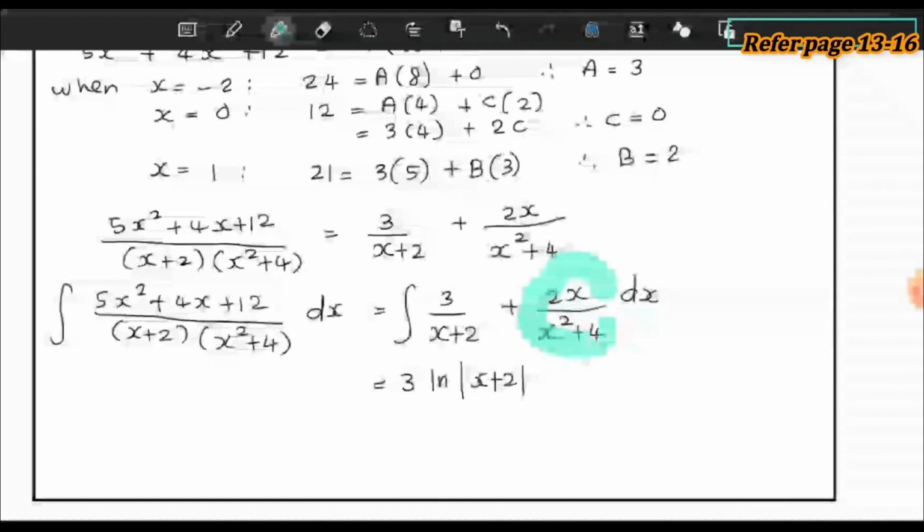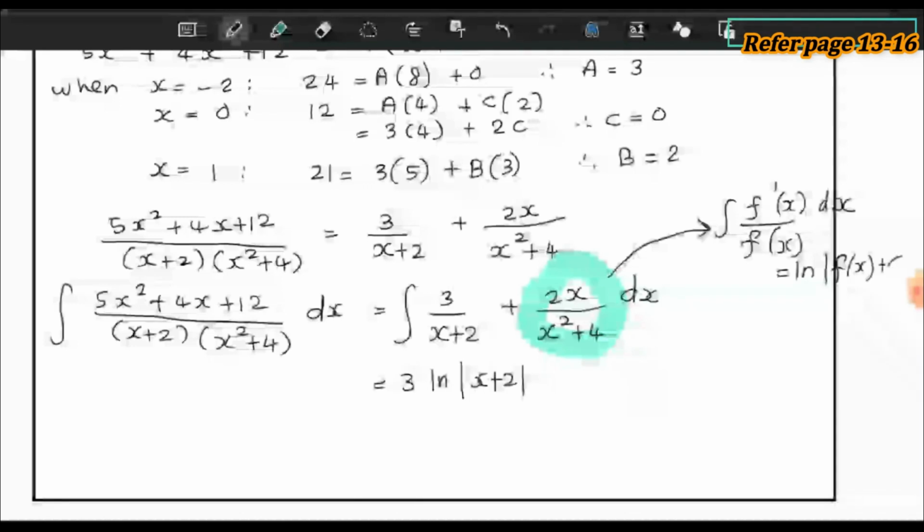And for the second term here, we can apply the rule of integrating f'(x)/f(x) dx equals ln|f(x)| plus c.